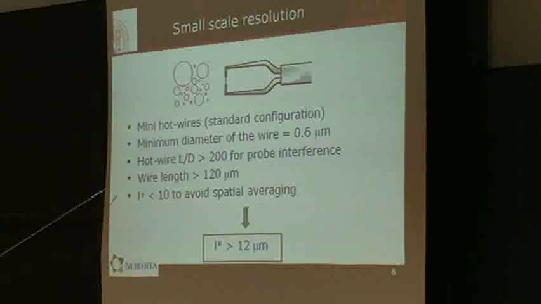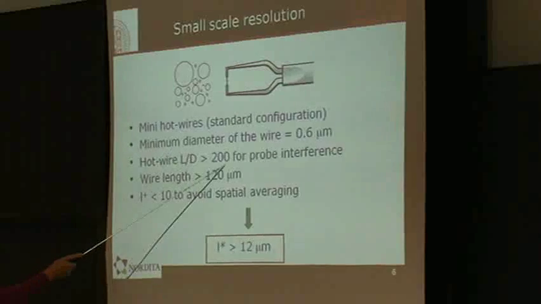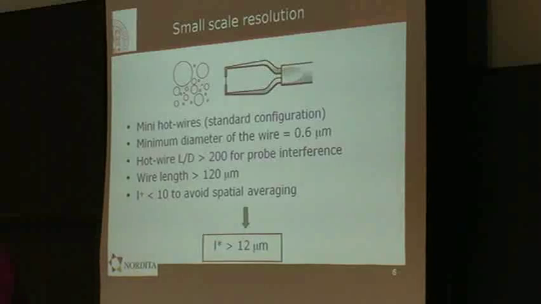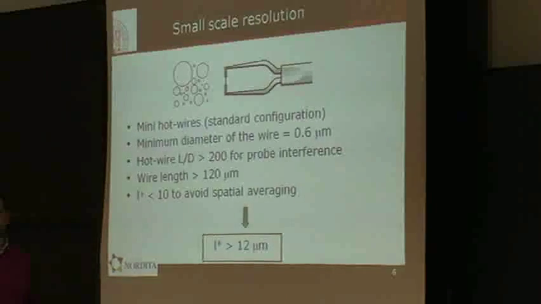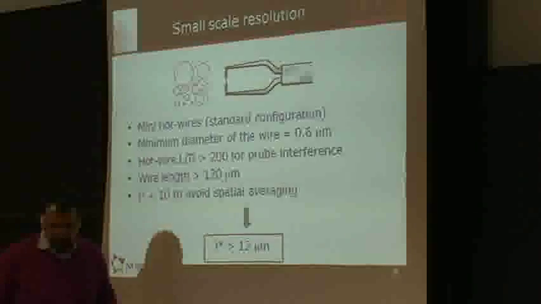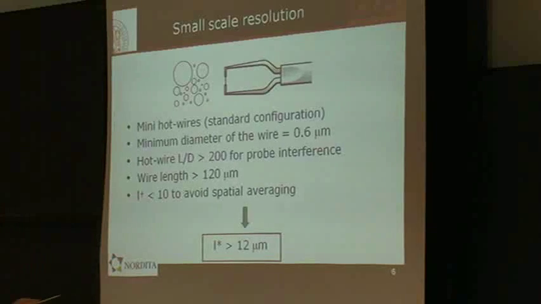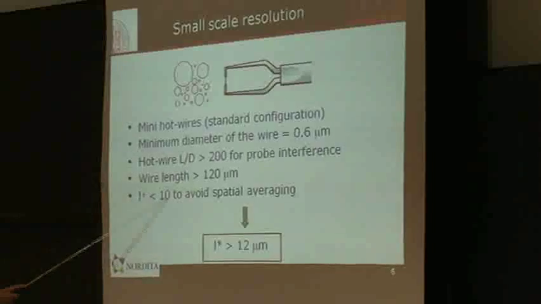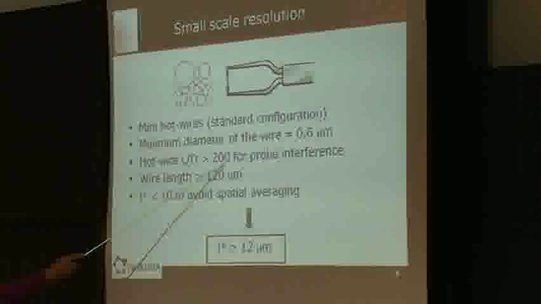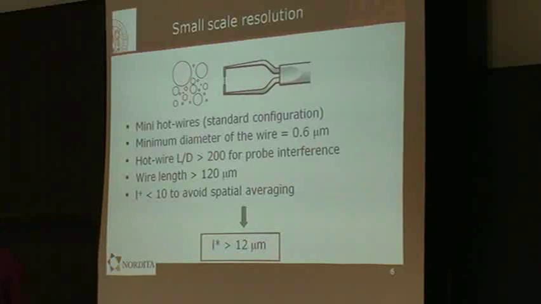And we still believe that we need an L over D of more than 200 in order to avoid heat conduction. We can lower this value a little bit if we use different material, but we want to stick to things that already exist. So we end up with a wire length that is slightly more than 120 microns.